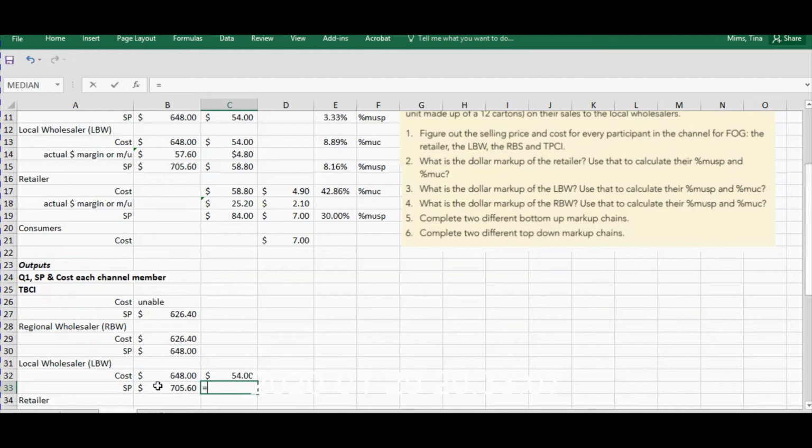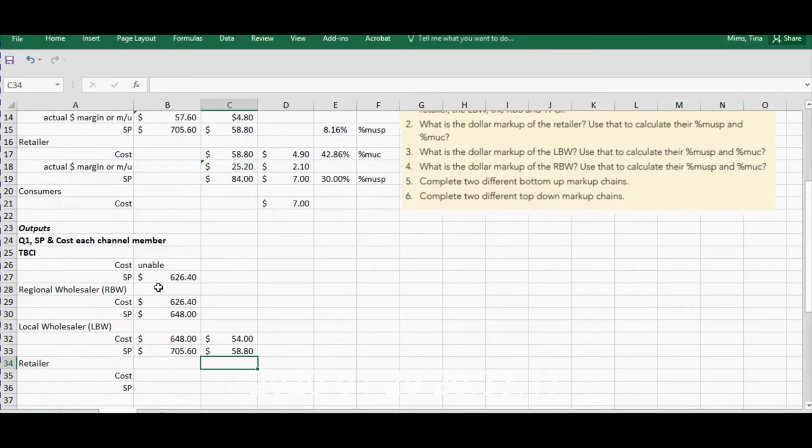We can do that here, dividing by 12, because clearly a retailer is not going to buy 12 cartons of 12 books on a crate. So that means the retailer's cost we need to do at both the carton level and the book level.